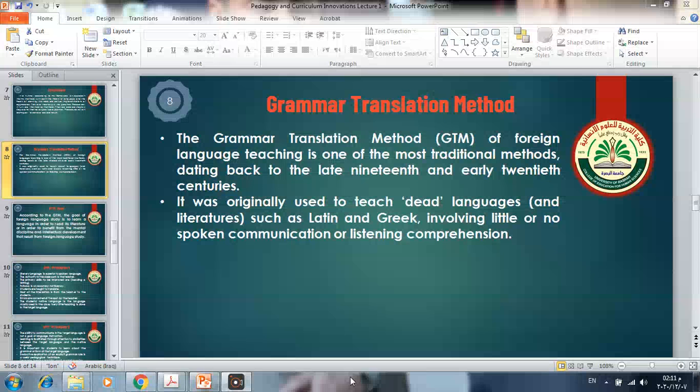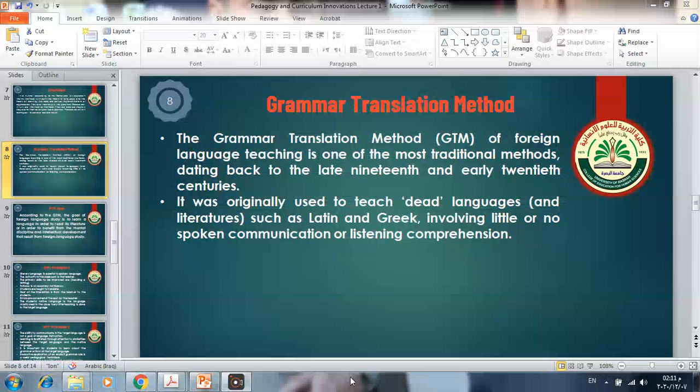It was originally used to teach dead languages and literatures such as Latin and Greek, involving little or no spoken communication or listening. So the major aim of the grammar translation method was previously to teach something about the literature of dead languages.